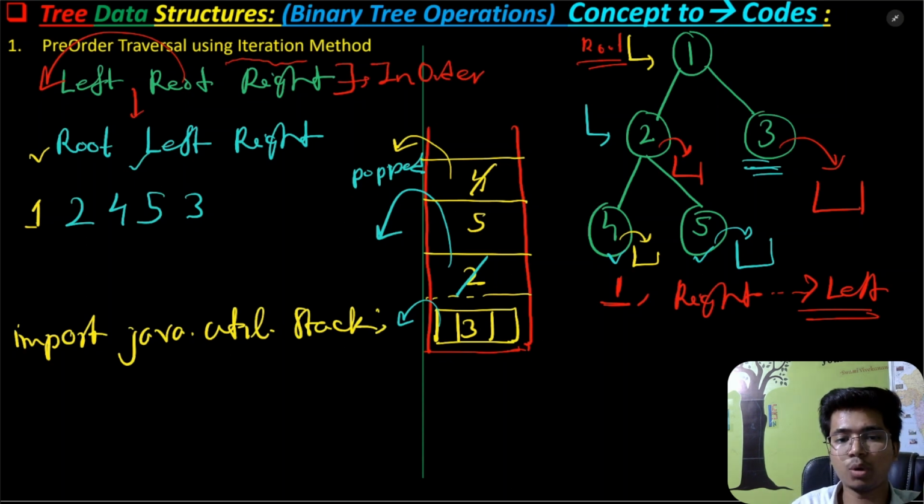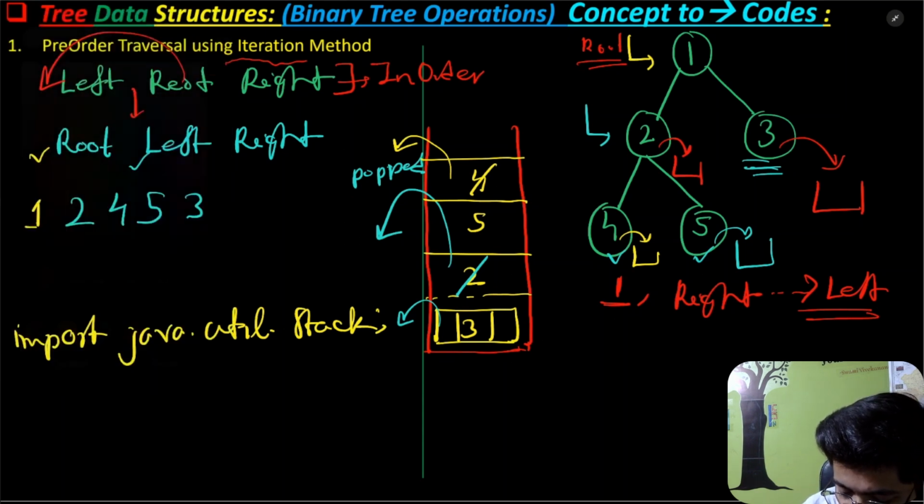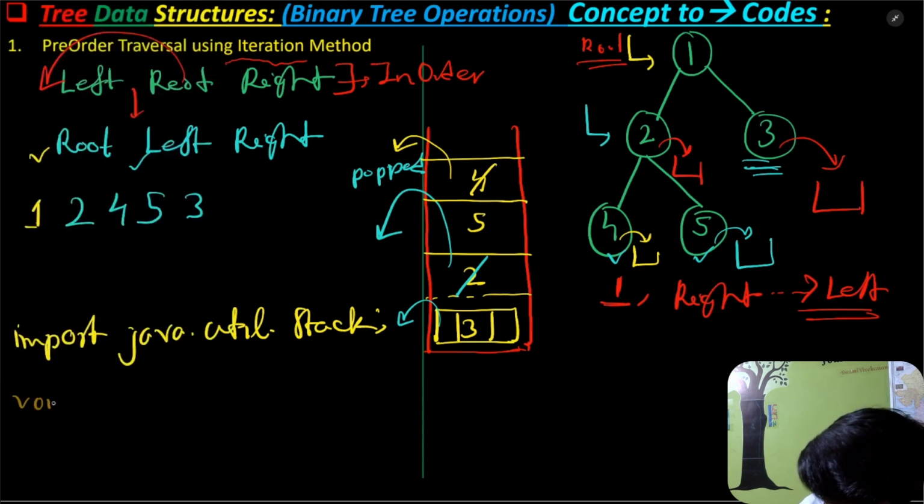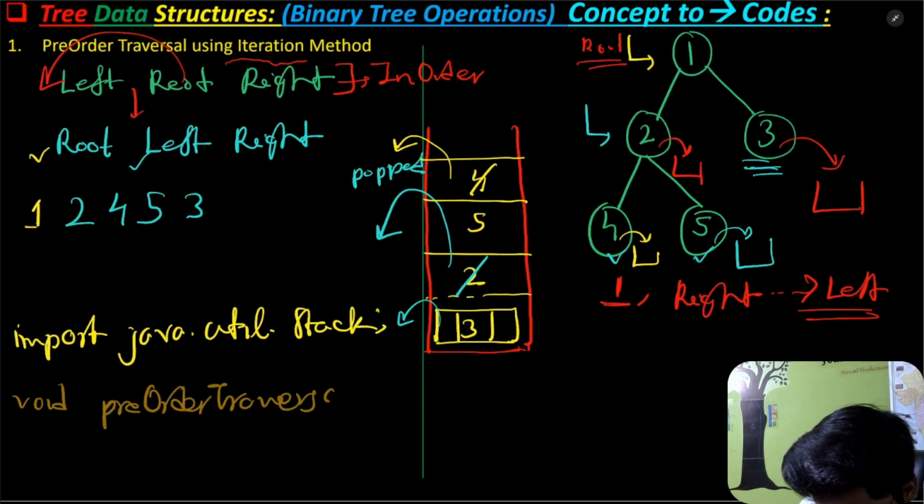Now we have imported the stack, and now we'll be implementing the preorder traversal. First we'll be naming the function void preorderTraversal. Okay, so now we are starting.